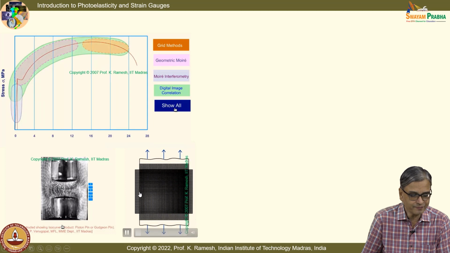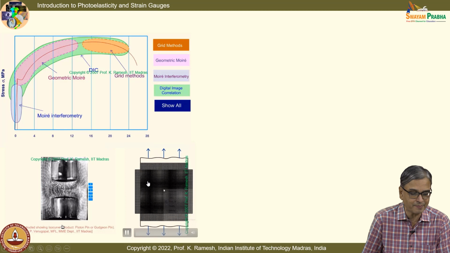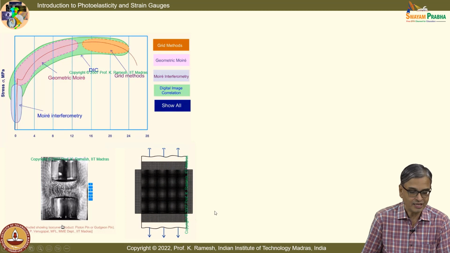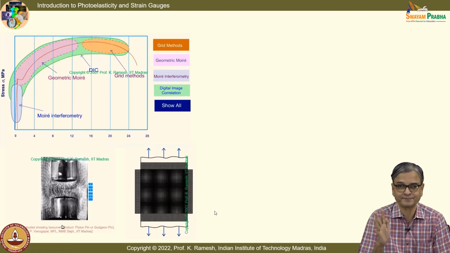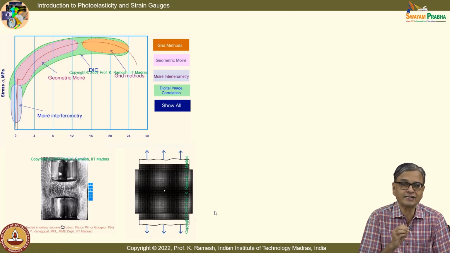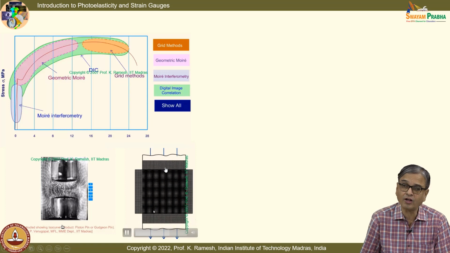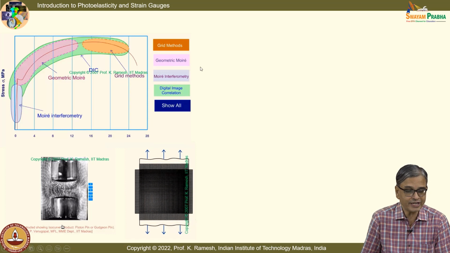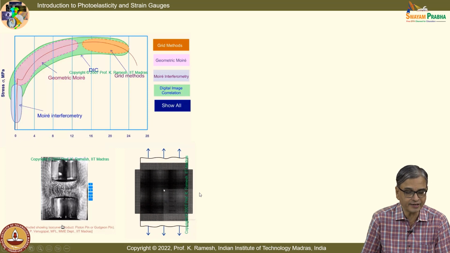I have these black and white fringe patterns seen, which is by mechanical interference, which has the ability to magnify the deformation. And the fineness of the technique depends on how many lines per millimeter that you draw. So, you have variation. I have a geometric moire, that is what is shown here.